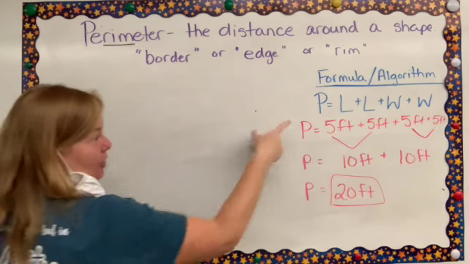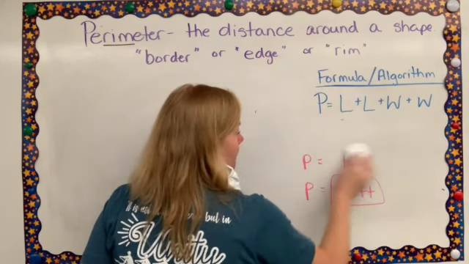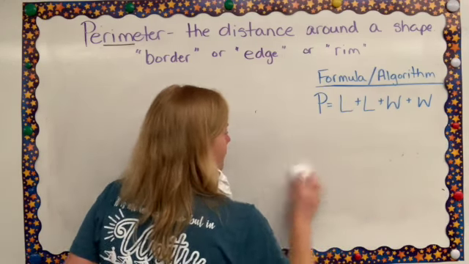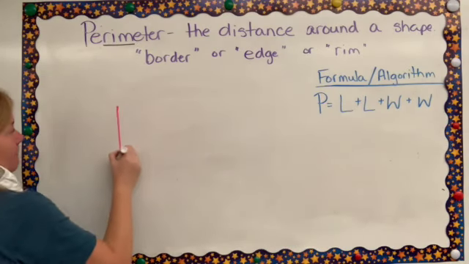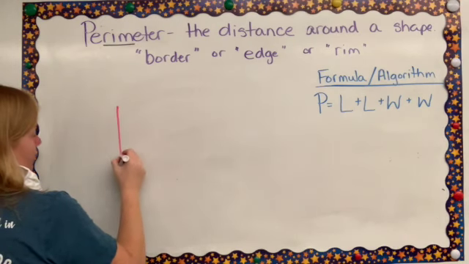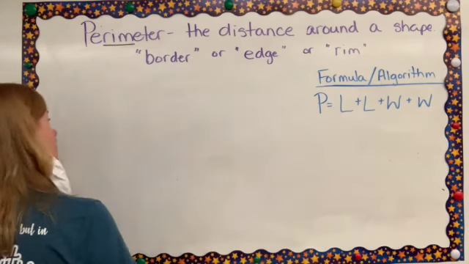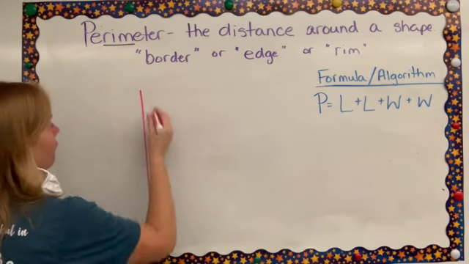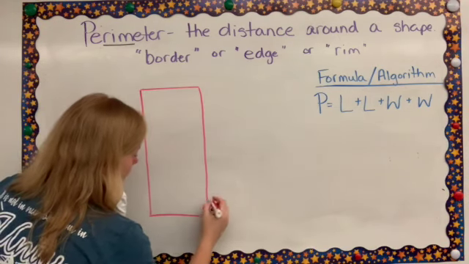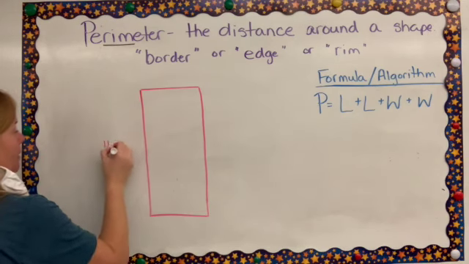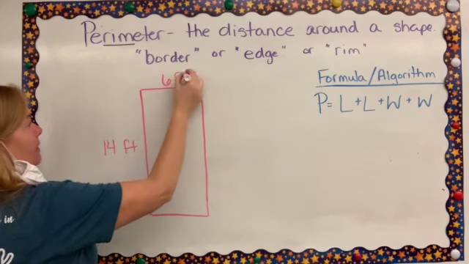Keep the formula. So I'm going to keep the formula or the algorithm because it works every single time. All right. We've got a 14 foot by 6 foot.